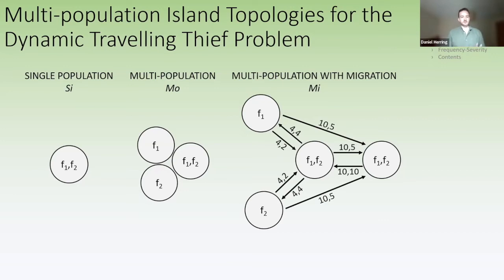The final model, whilst looking a bit more complex, has two simple mechanical changes. The first is a mixing population in the center, and the second is the migration of solutions between these populations. The numbers indicate the frequency and the first occurrence of migration events in generations.